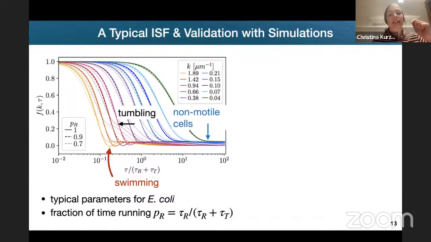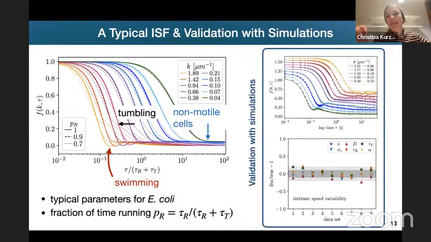By just looking at these features, we can already try to understand some aspects of what is happening within the sample itself. To compare to experiments, we validated our theory with simulations. We performed agent-based simulations that reflect the experimental setup, and then developed a fitting protocol to retrieve the motility parameters of those cells.